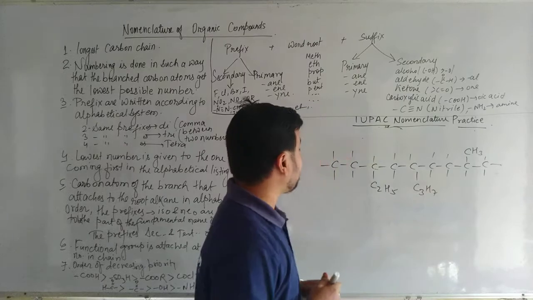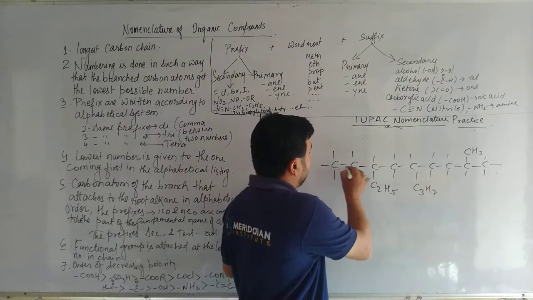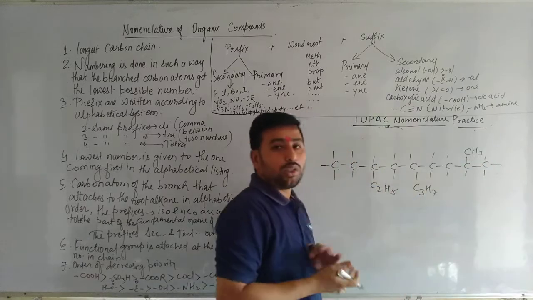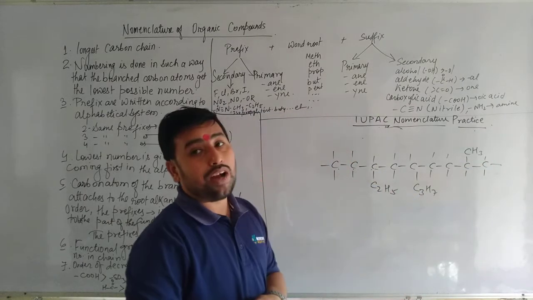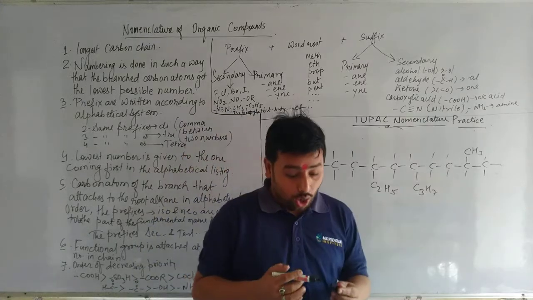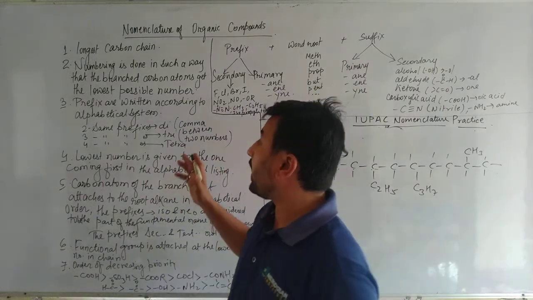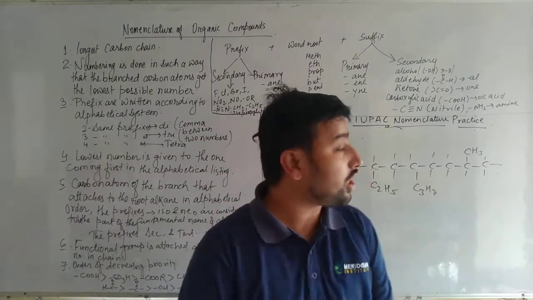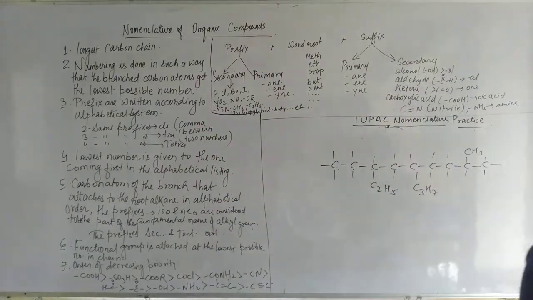Now if I ask you, should we count 1, 2, 3 from here, or from here? So dear student, now you have to understand alphabetical order. Don't forget to understand the concepts. If numbering is done in such a way that the lowest possible number is given to the prefixes, but if some alphabetical order prefix is there, then we have to remember which prefix will get the prior position.